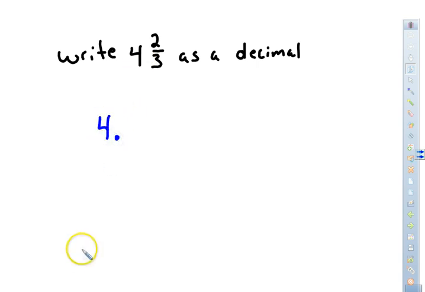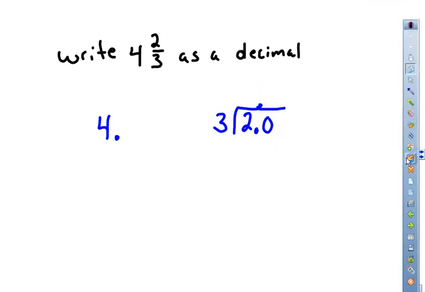It's going to be 4 point something. So then you take your 2/3 and you're going to divide and add my decimal point, add a 0, bring it up. How many 3's go into 20? Well, it is 6, which gives me 18. Subtract and I get 2.